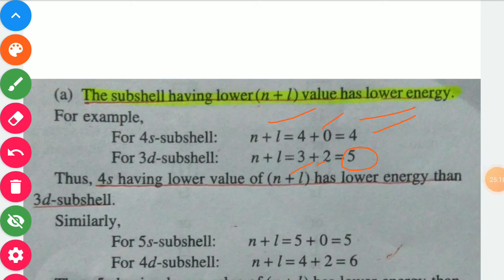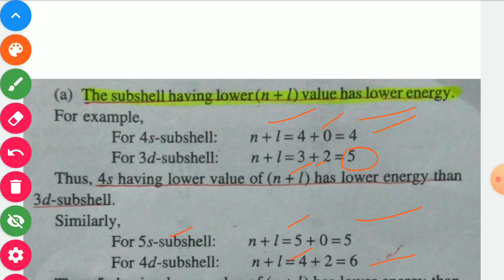Similarly, in the case of 5s and 4d, if we take the value of n plus l, in the case of 5s, n value is 5, l value is 0, equal to 5. In the case of 4d, n value 4 and l value 2, equal to 6. So where should the electron go? The n plus l value of 5s is 5, but that of 4d is 6.